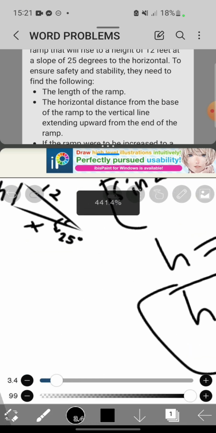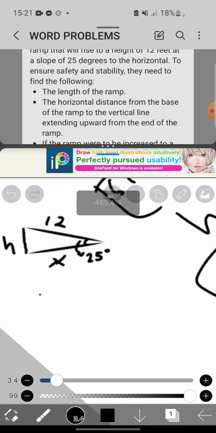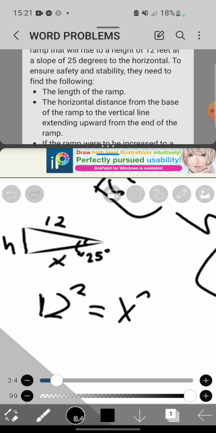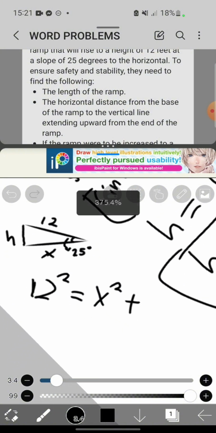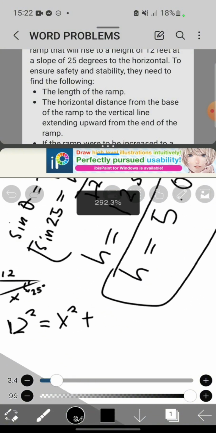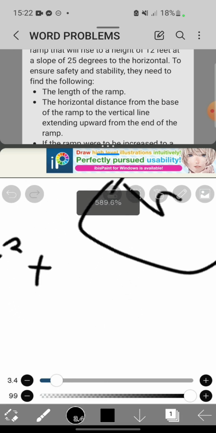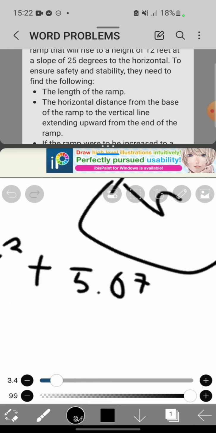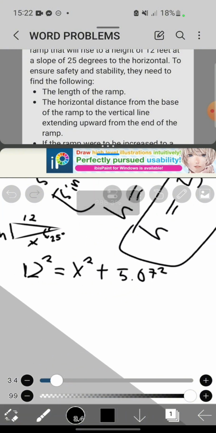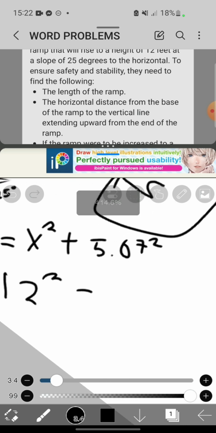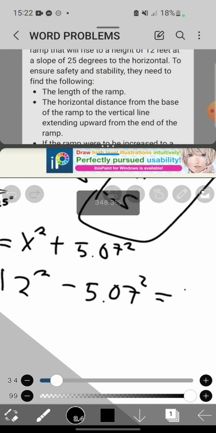So 12 squared is equivalent to x squared plus 5.07 squared. So 12 squared minus 5.07 squared is equivalent to x squared.